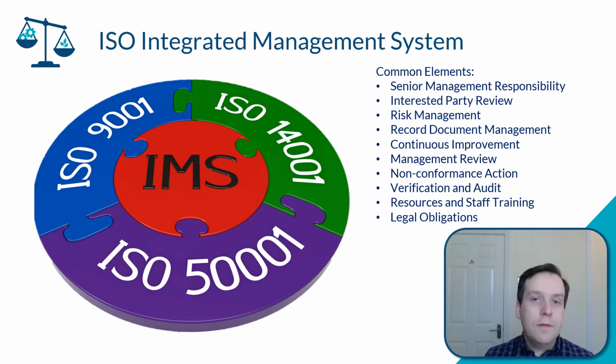So all of these standards require these common elements, and if you have implemented them for ISO 9001, it's very easy to add or bolt on the other ISO standards, because your business is already doing 80% of the procedural effort and documentation required of one, and can easily add another. So for example, you have your environmental risk and opportunity register. Adding the elements for ISO 50001 to the same register would be relatively straightforward.